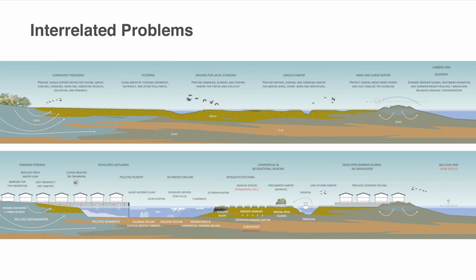The problems here are interrelated. There's a lot of vulnerable communities out there, and also the natural systems are degrading. The pollution coming from the urban environment further degrades these ecological systems, further weakening the position of the communities in terms of storm vulnerability.